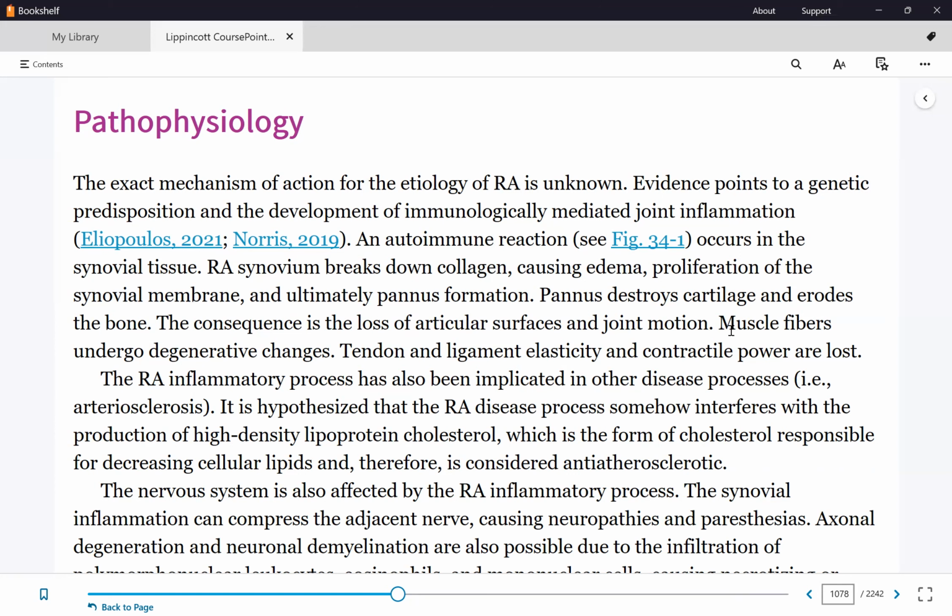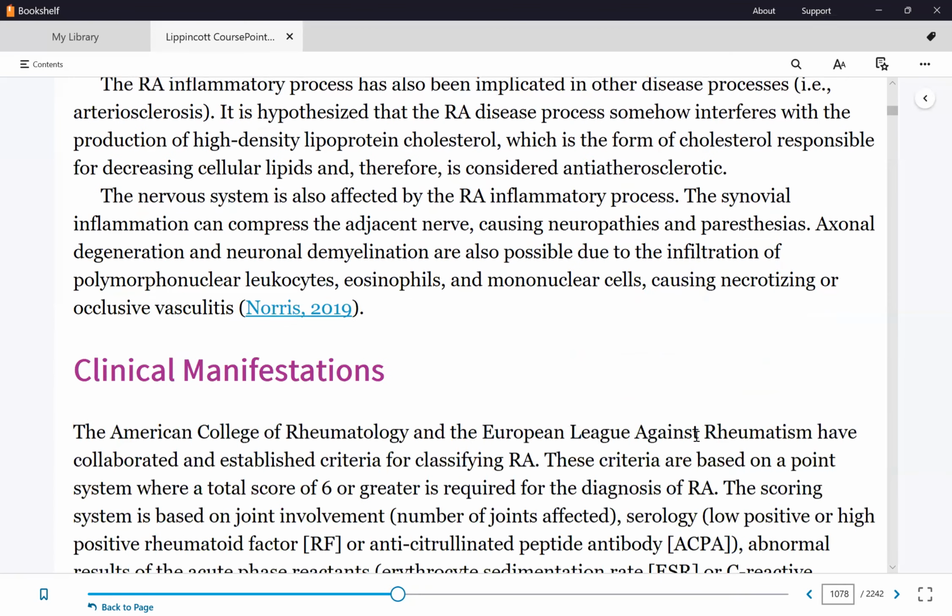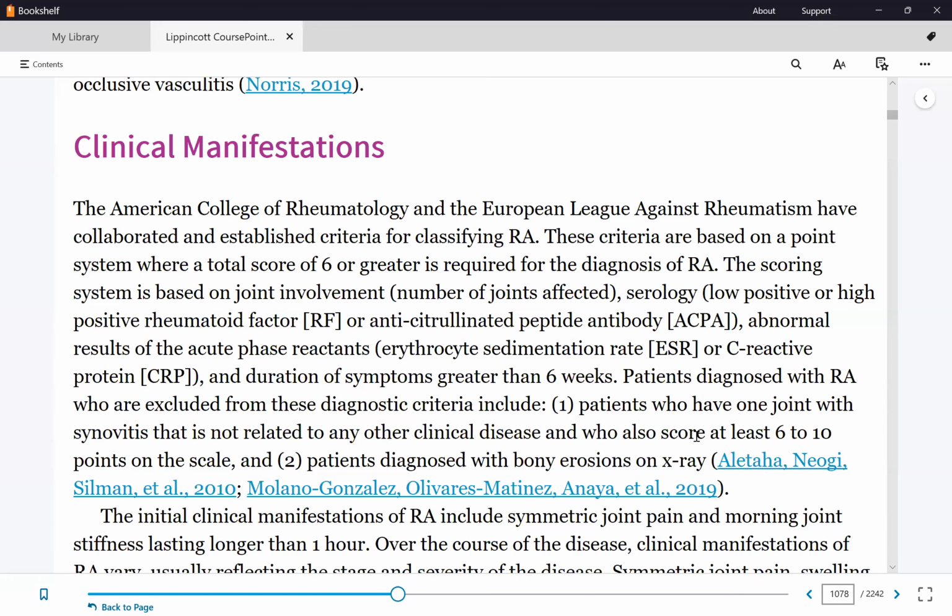And if you look at the signs and symptoms, it's always symmetrical, meaning the joints they affect are always both wrists, both index fingers, both shoulders, both elbows.